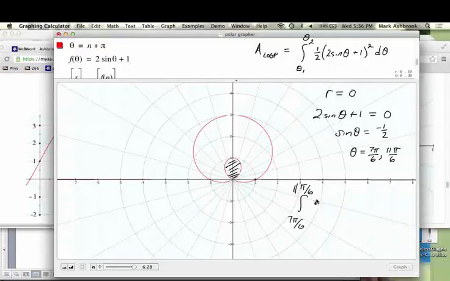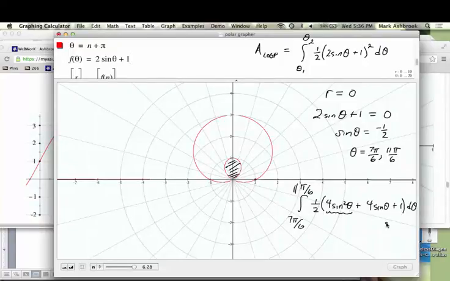of 1/2. Okay, and this would be 4 sine squared theta plus 4 sine theta plus 1 d theta, after I multiply this out. If we were doing this by hand, how would you do 4 sine squared theta? Half angle formula. 4 sine theta is easy, plus 1 is easy.